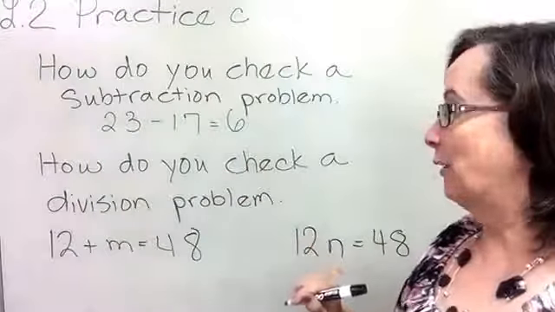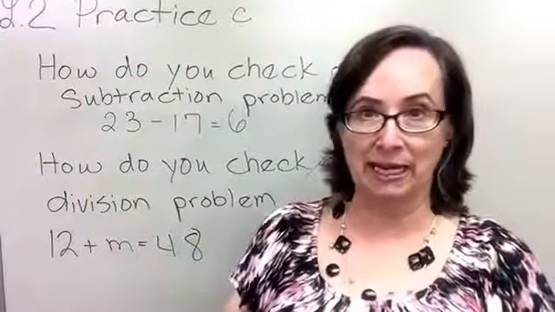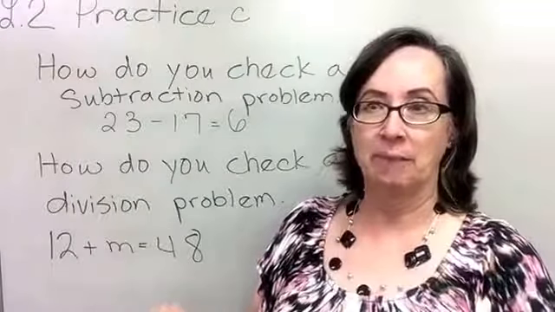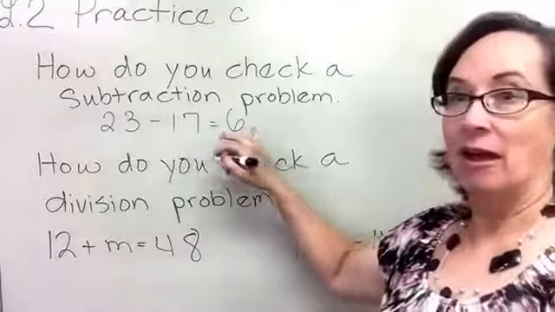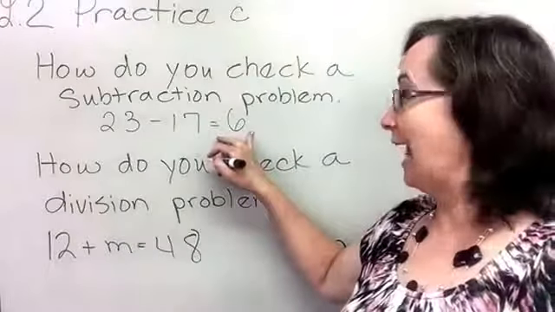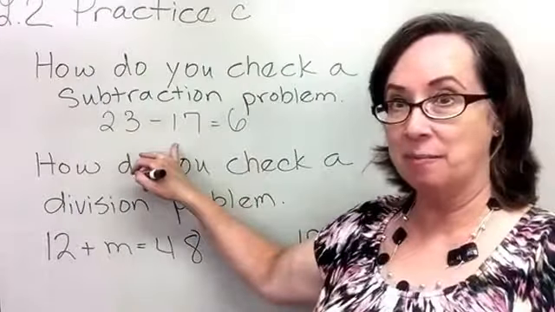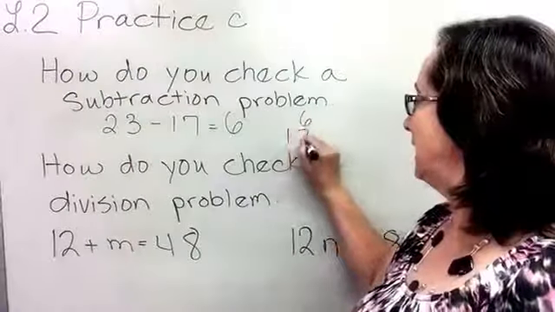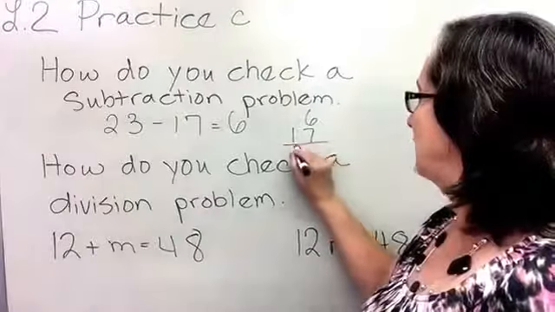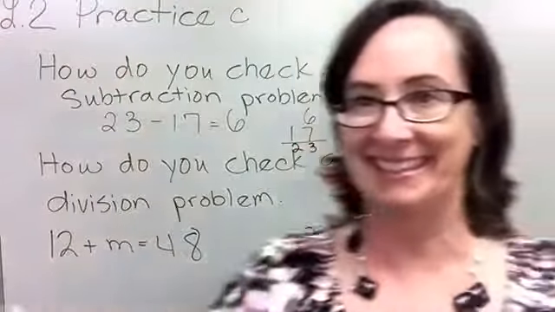Okay, so if you wanted to use the cool names for how you would check it, you're going to say take the difference and add back the subtrahend to it. So if I take 6 and 17 and I add them together, I get 23.